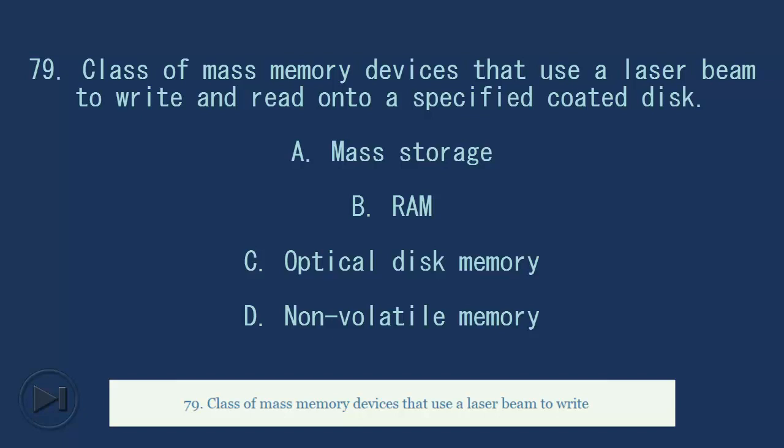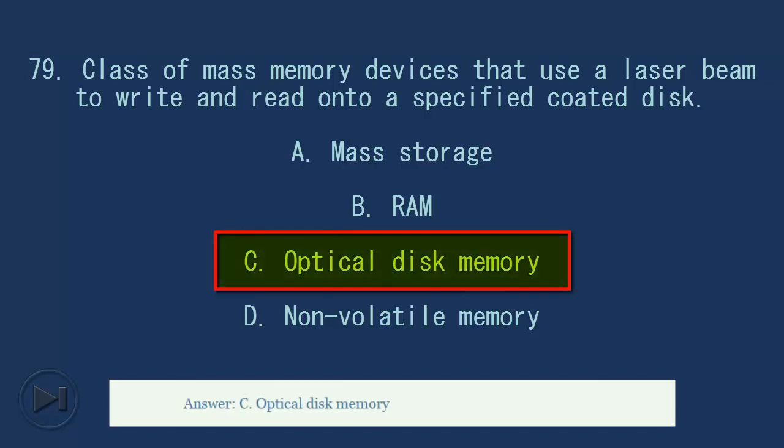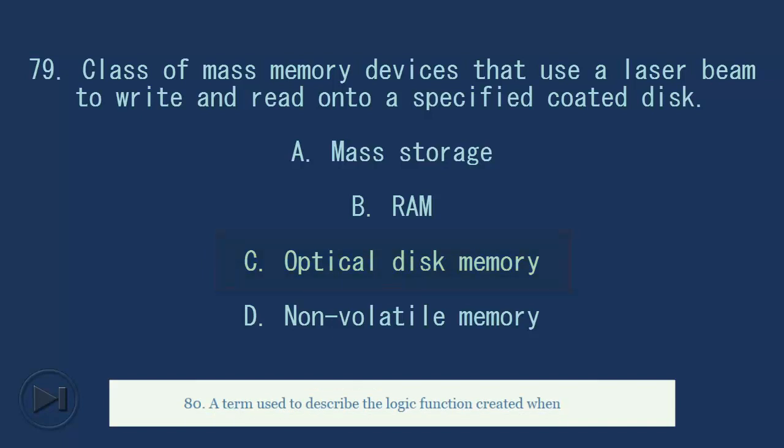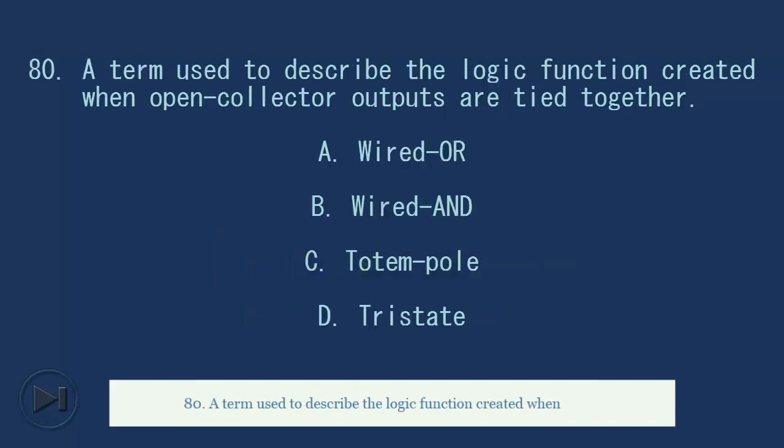Class of mass memory devices that use a laser beam to write and read onto a specified coded disk. A. Mass storage. B. RAM. C. Optical disk memory. D. Non-volatile memory. Answer, C. Optical disk memory. 80. A term used to describe the logic function created when open collector outputs are tied together.